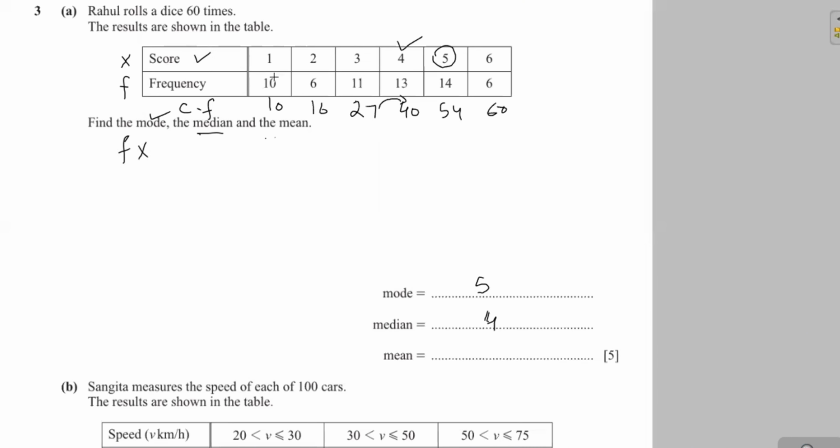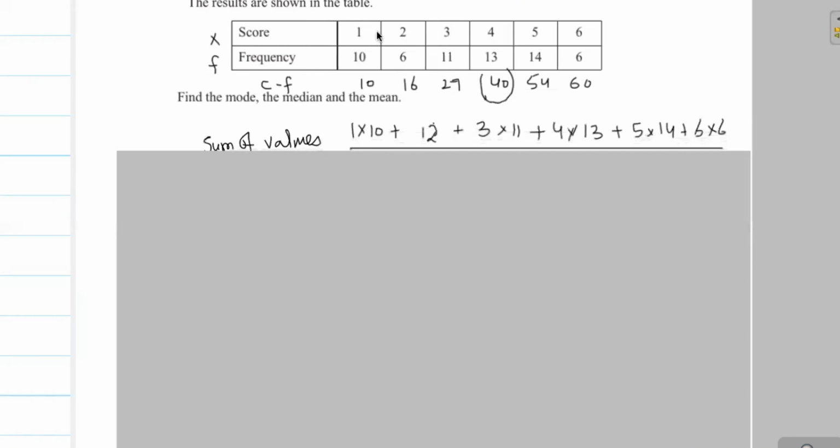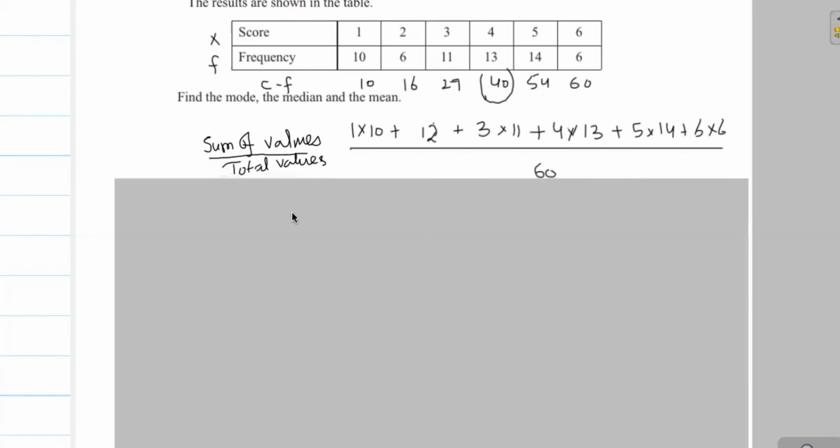After this, we will add and get the sum of values. We can write this: 1 into 10, plus 2 into 16, that is 12, 3 into 11, plus 4 into 13, plus 5 multiply 14, plus 6 multiply 6, divided by the total number of values.